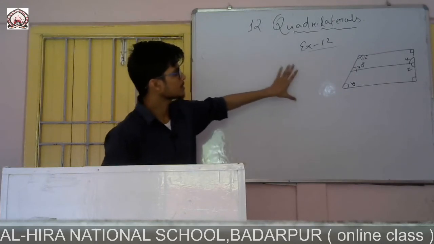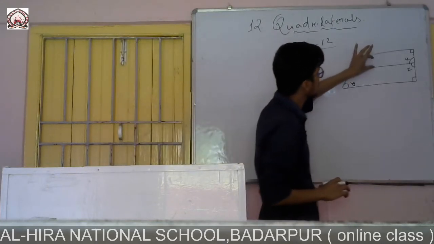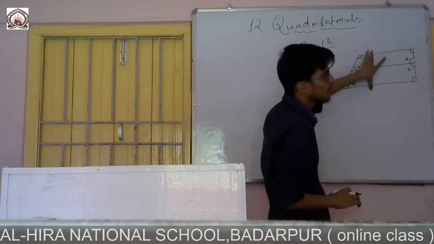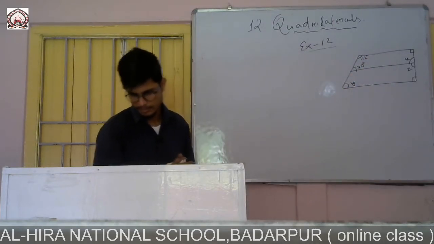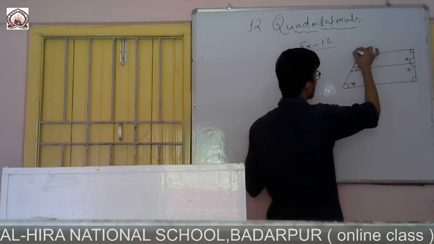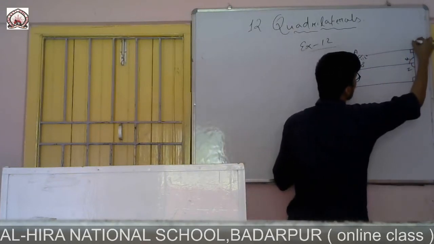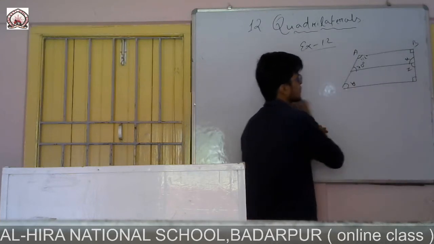Okay. So you see carefully, there are two quadrilaterals, one is only this one, another is the whole one. So first of all I will name it, it will be easy for us to do. Let me give it A, this one angle B. You draw the figure along with this question.